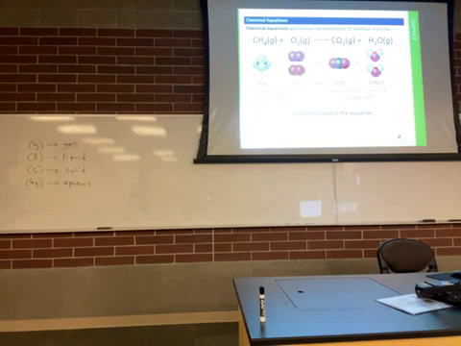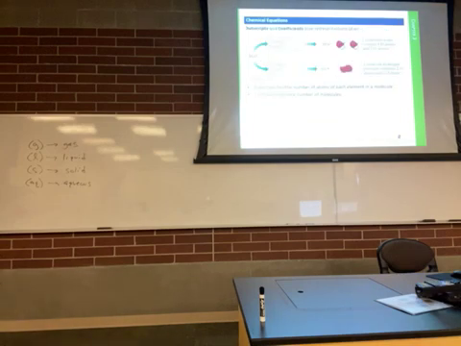Okay? Pretty straightforward. Now, notice that there's a difference between the coefficient and the subscript, and you can see that here. The coefficient tells me that I have two of those, whereas the two down here tells me that I have two of those.